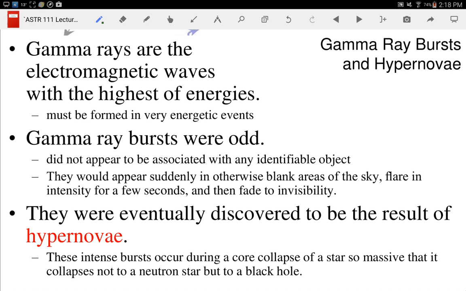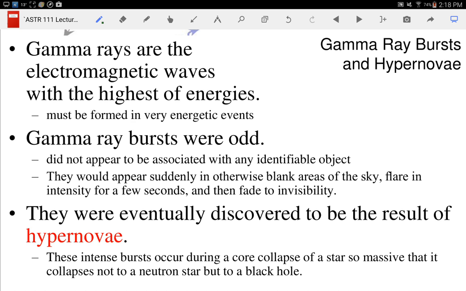But there were these things that were observed, gamma ray bursters, things that were very, very short in duration that had a lot of gamma rays, which are very high frequency, very short wavelength emissions. And there was a lot of controversy about what's causing this. And now they've reached kind of consensus that these gamma ray bursts are caused by the collapse of extremely massive stars.